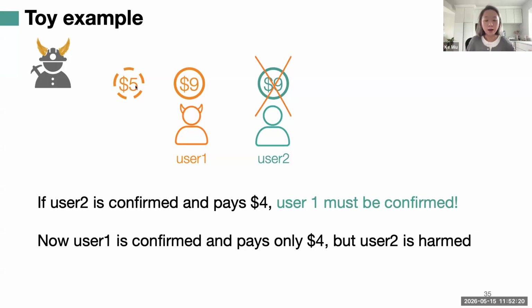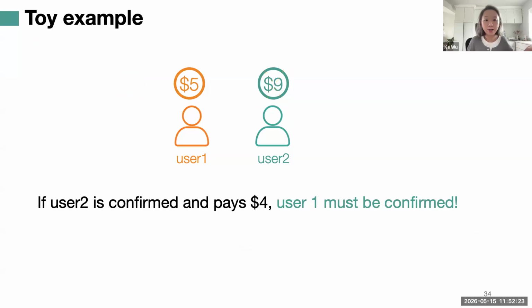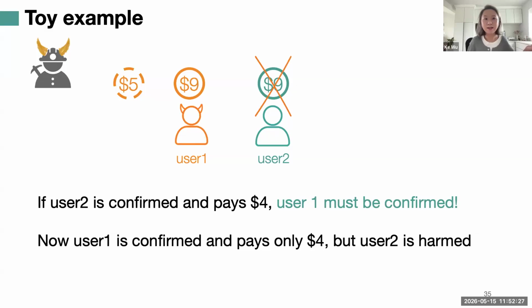Okay, so compared to the honest scenario, there are 2 bids, 1 of 5 and 1 of 9. Same thing here. So miner revenue does not change. But now user 1 is confirmed and it pays 4. So this coalition actually jointly benefits from this strategy, and clearly user 2 is harmed. So this contradicts coalition rational harm proofness. And this is what we call the censor then replace attack.